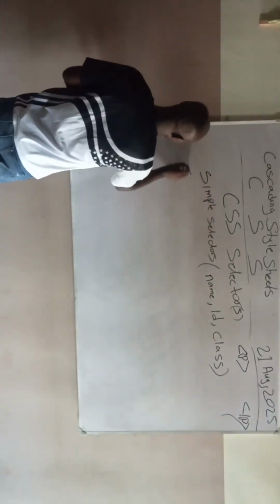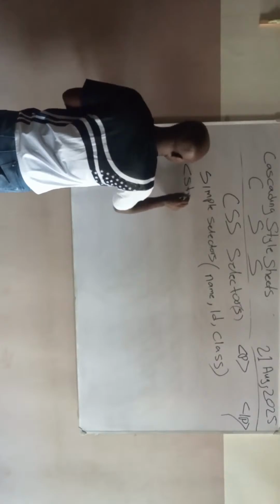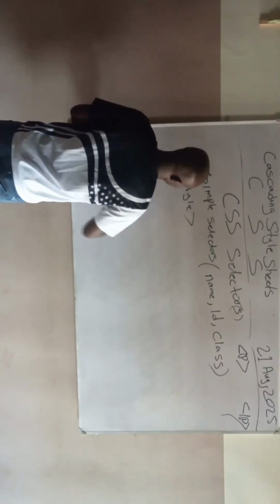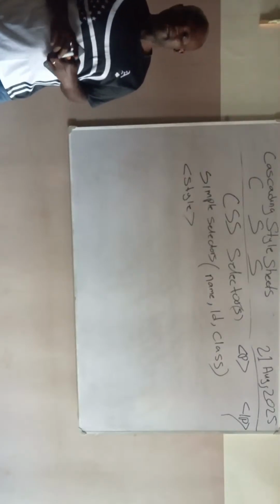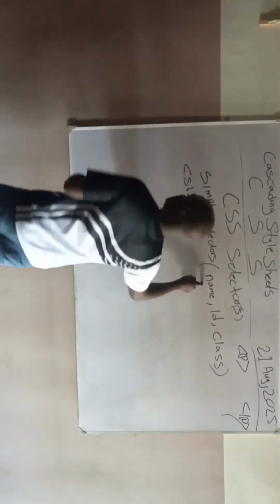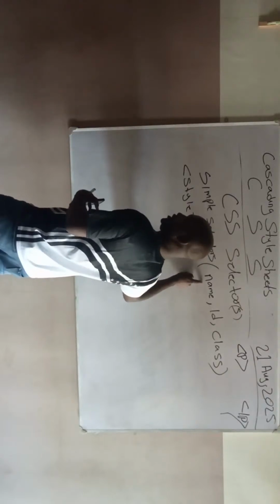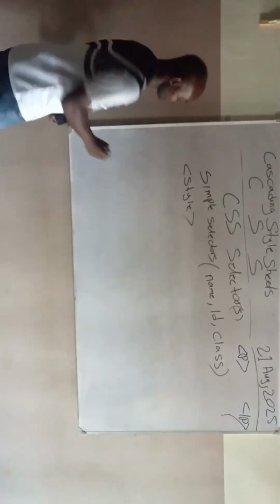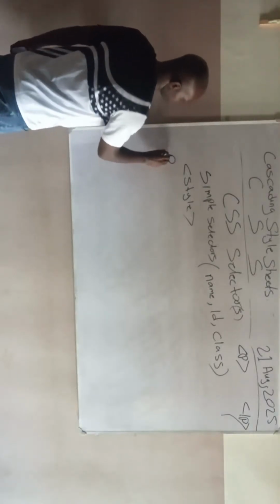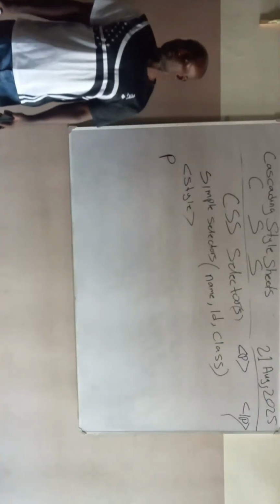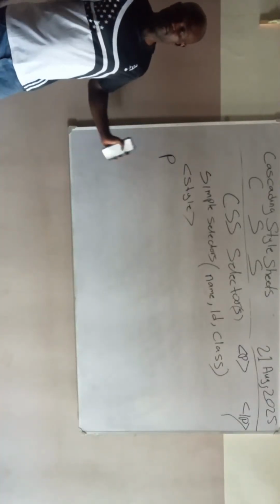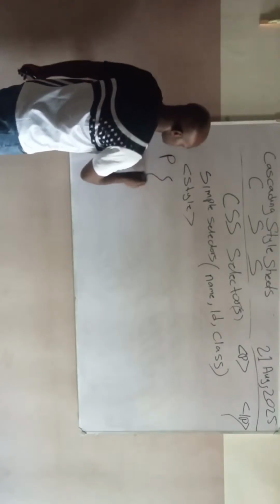I'll come here, style. Then I'm going to select my element by name. I'll use the name as a selector. Since we are using paragraph, it will be P. I've selected it with my name, which is P.